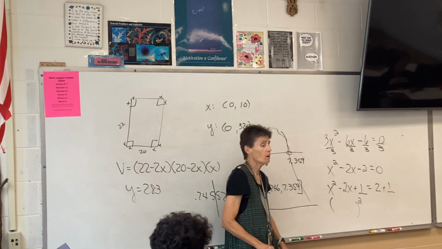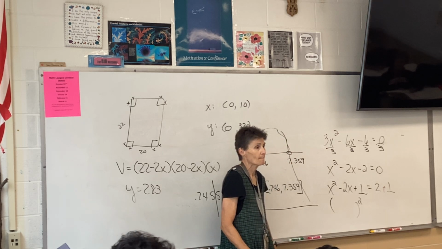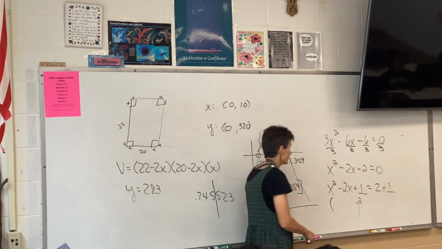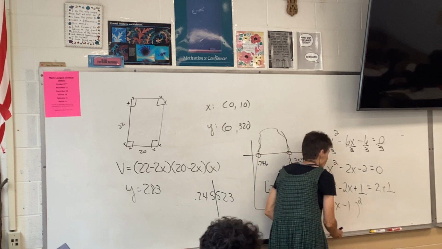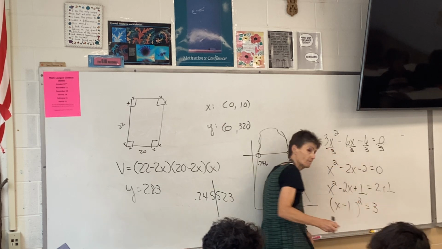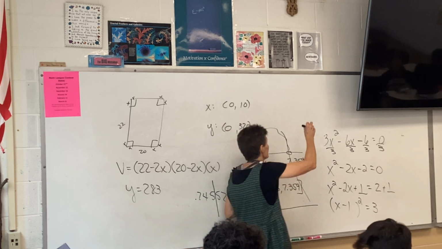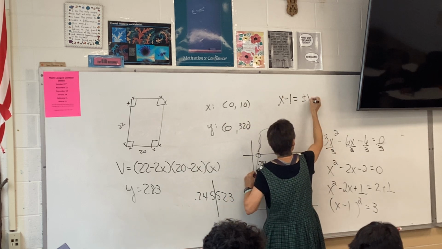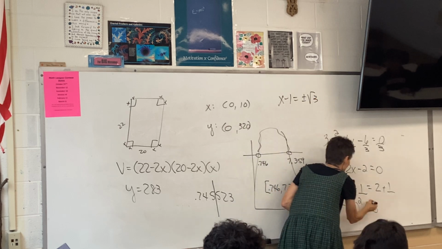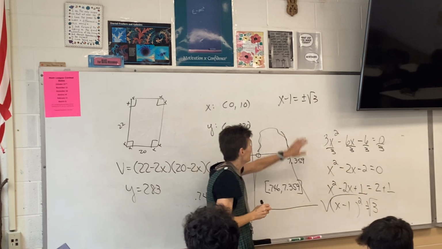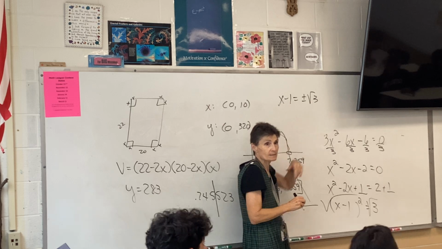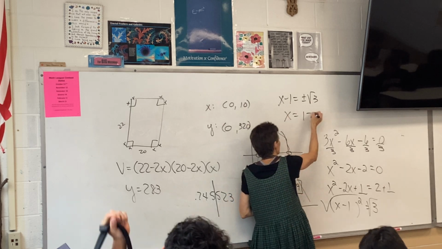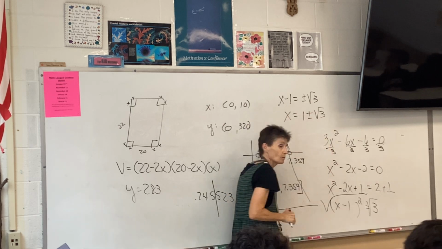Half of 2 is 1, and 1 squared is 1. So this is x minus 1 squared equal to 3. So x minus 1 equals plus or minus root 3. Remember, when you square root both sides, plus or minus. So x equals 1 plus or minus root 3.